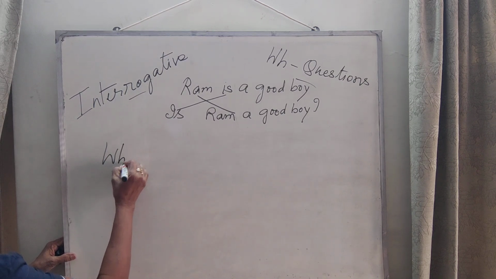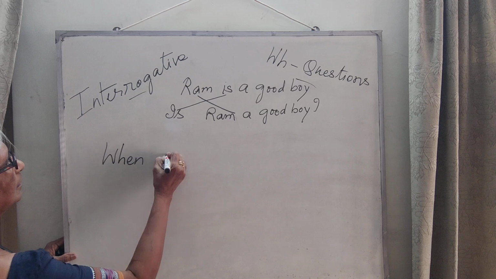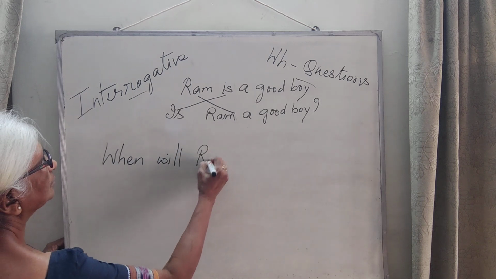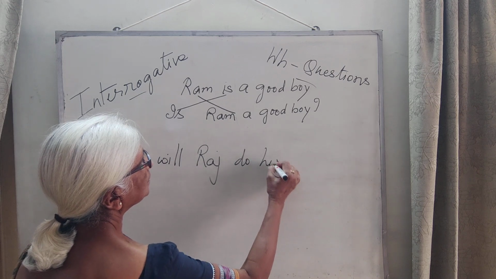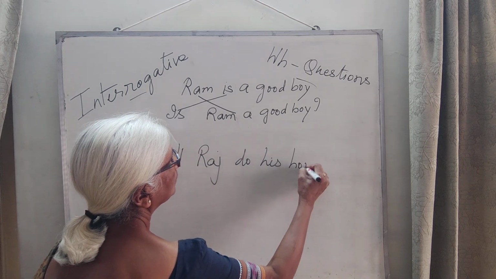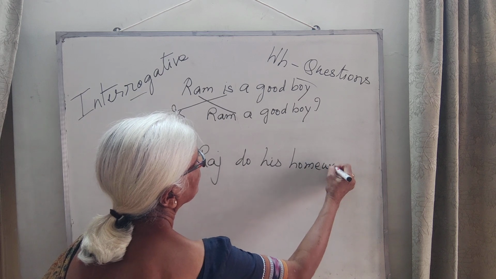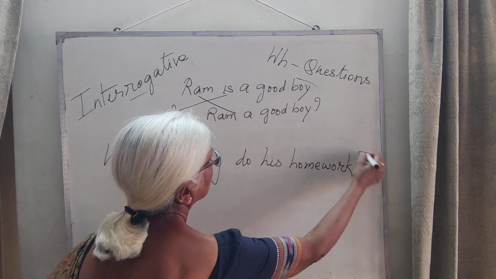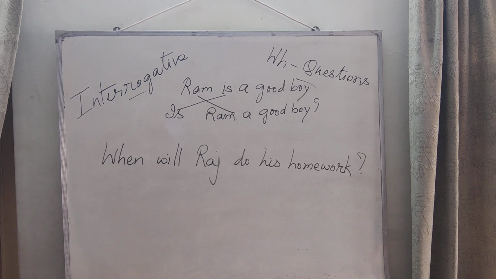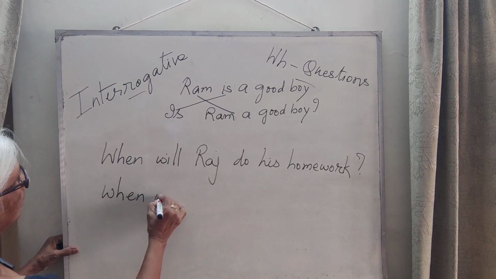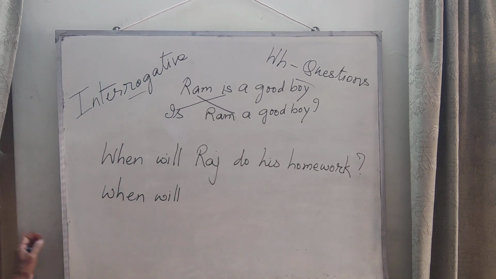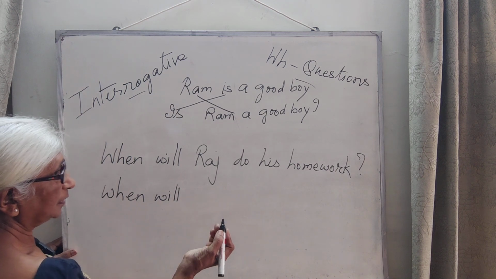When will Raj do his homework? So the question word is when. So when will, now which is the object? Homework. When will, here there are two patterns.